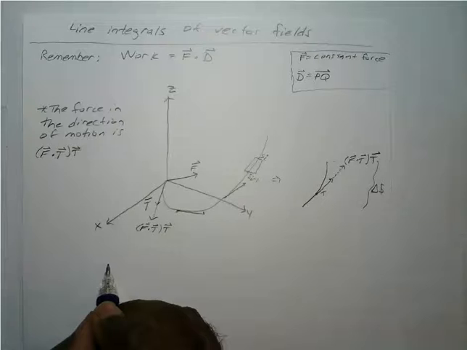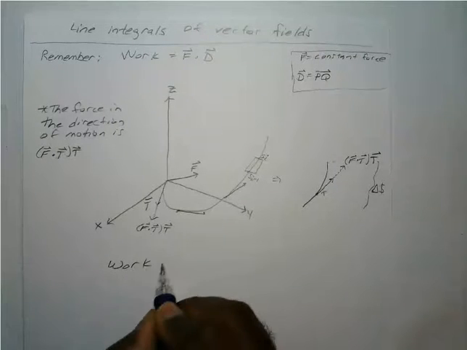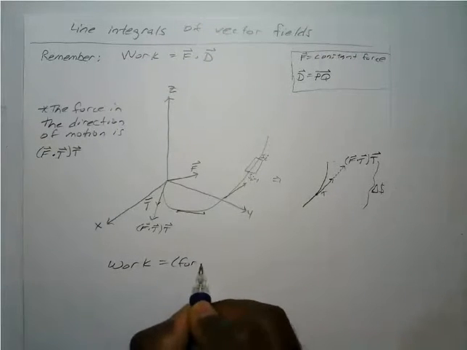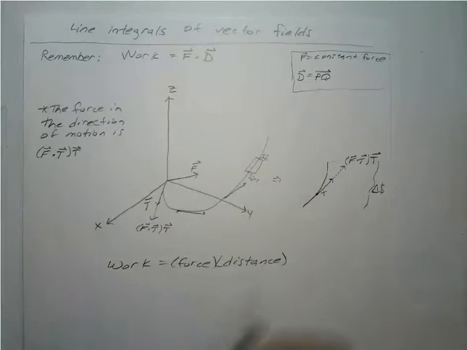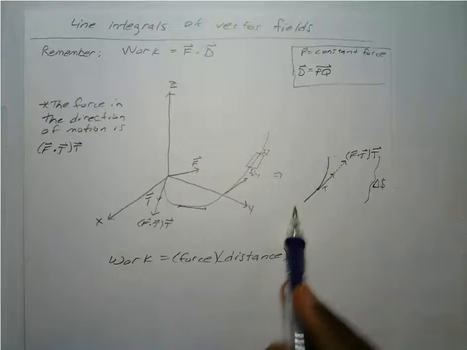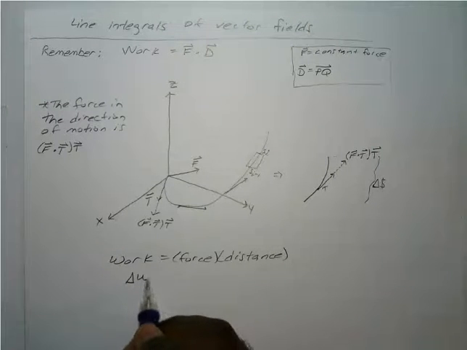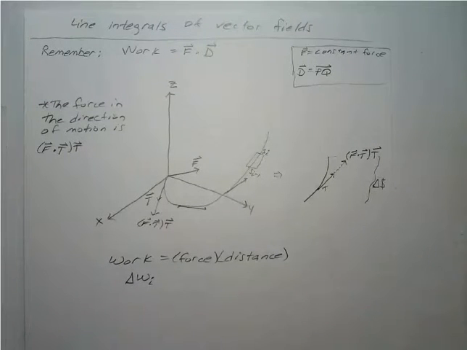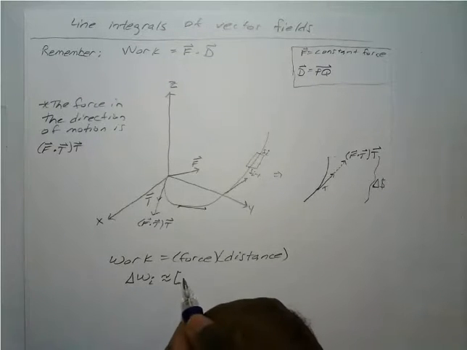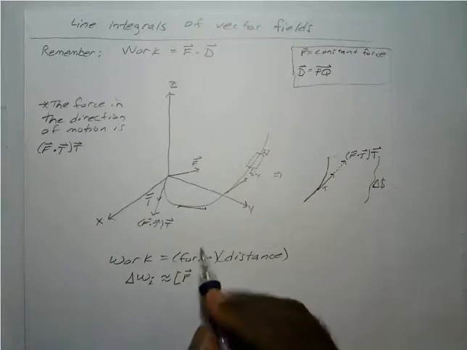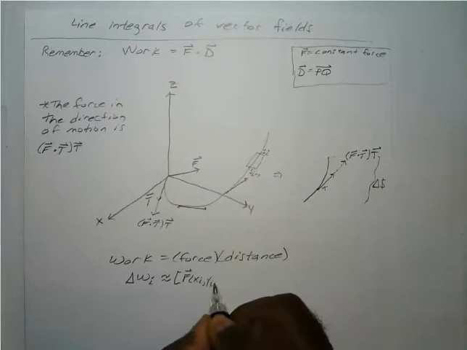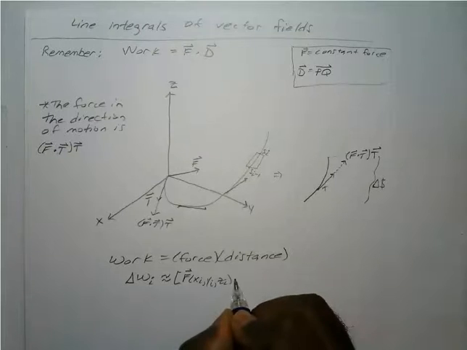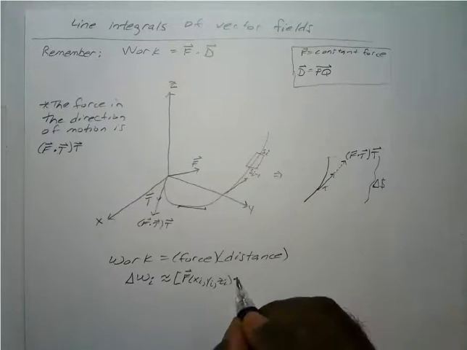Okay, so you know that work is force and distance. We know the work needed for that one little section there. That will be almost equivalent to our force at that particular point and the dot product of our tangent at that point.